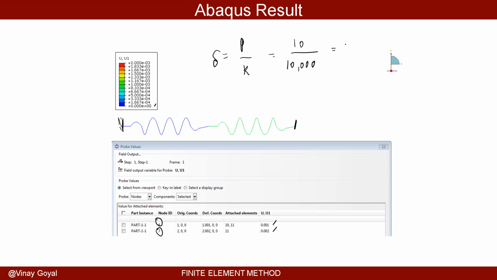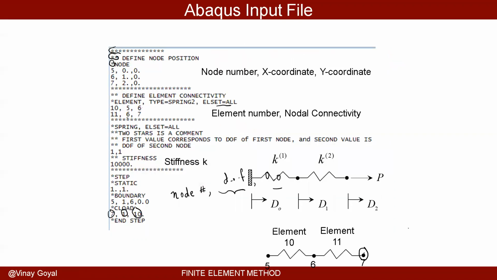I get 0.001 for this node. And this is going to deflect an additional 0.001. So add this to that, you get 0.002. That's called a hand calculation. You check your analysis, doing hand calculations to make sure everything makes sense.